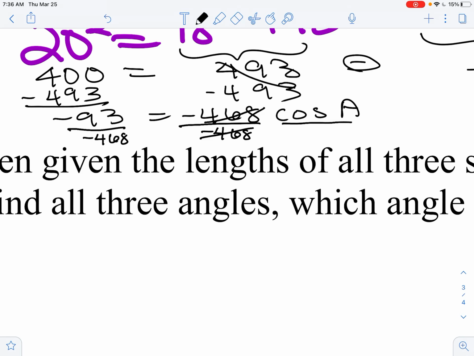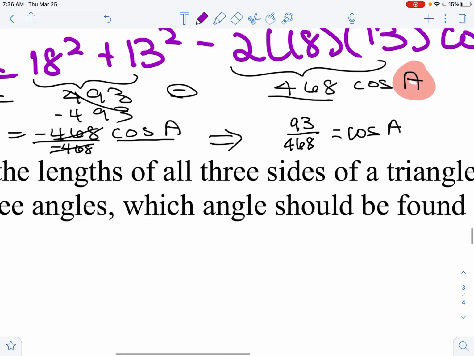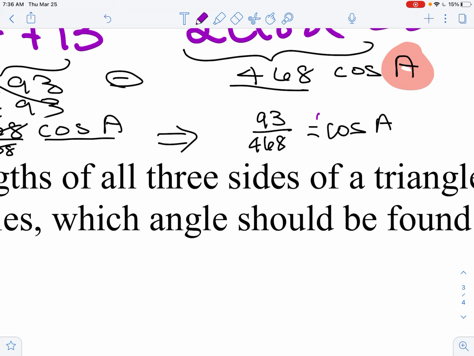So we're left with 93 over 468, because two negatives divided equals a positive, equals the cosine of A. Now remember, to get the cosine off of the A, we're going to multiply both sides by the inverse cosine.